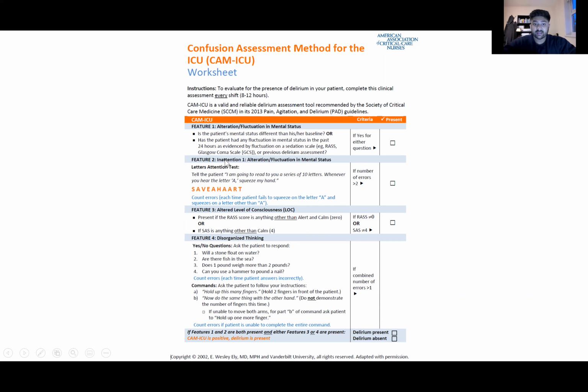Or they had other errors such as inattention errors, altered level of consciousness, or disorganized thinking, but they were not CAM positive, i.e. they were CAM negative. Therefore, there was something that was not quite right in their cognitive processing, but they were not confused.